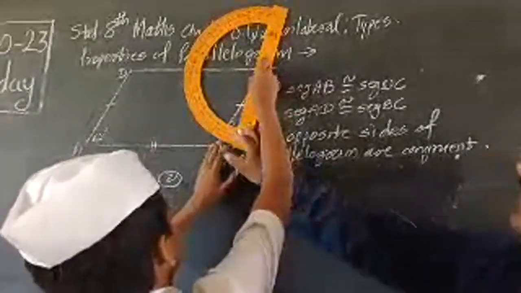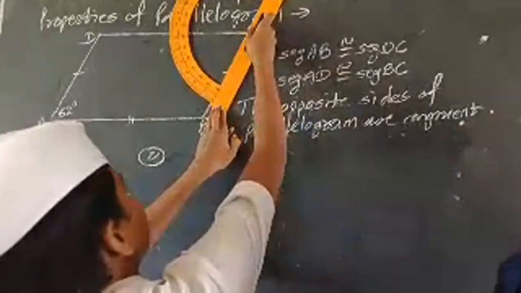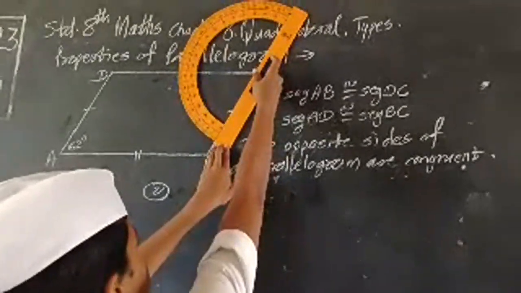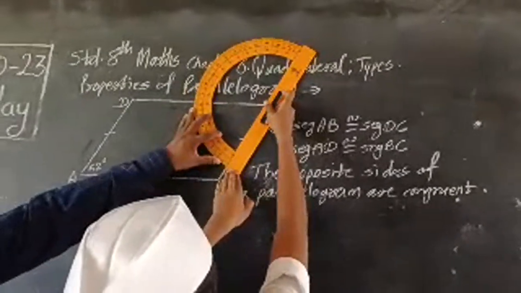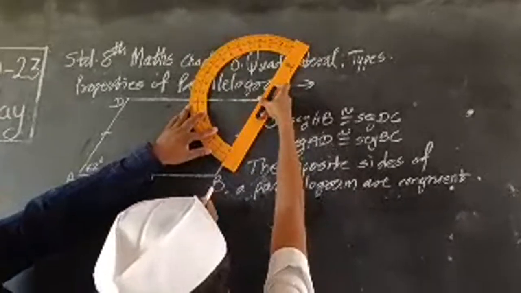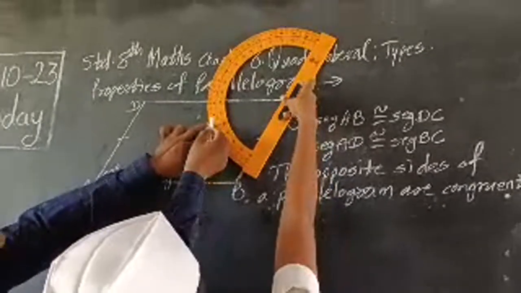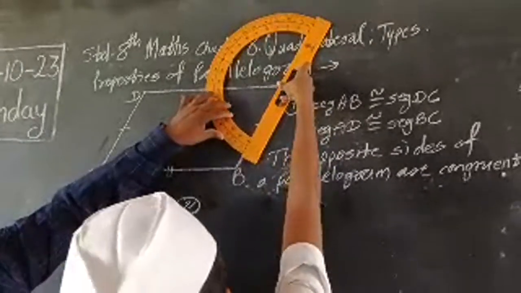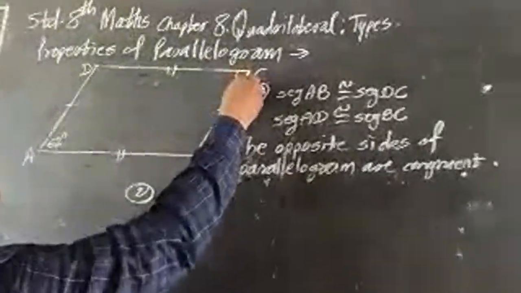In this way, adjust this line to this side. Here we measure angle C, and start measuring from B: 0, 10, 20, 30, 40, 50, 60. After 60, the second line means 62, correct.